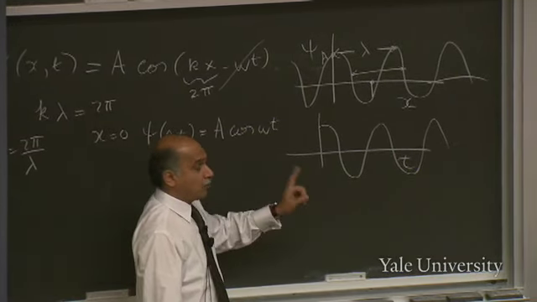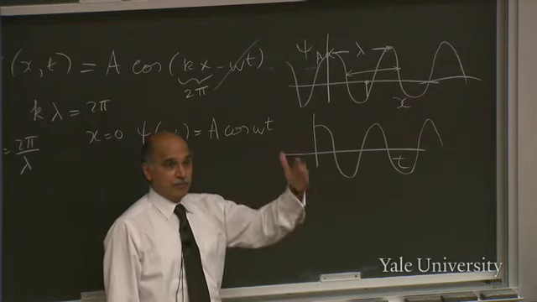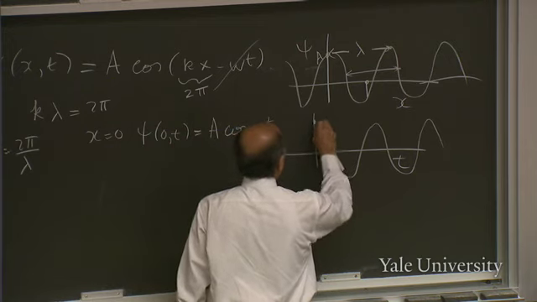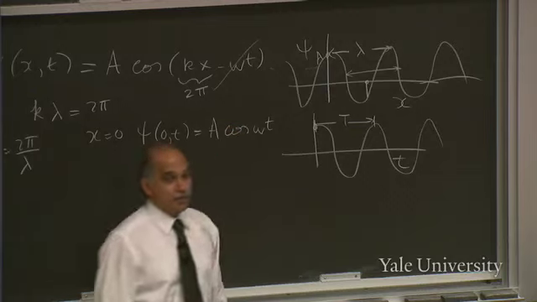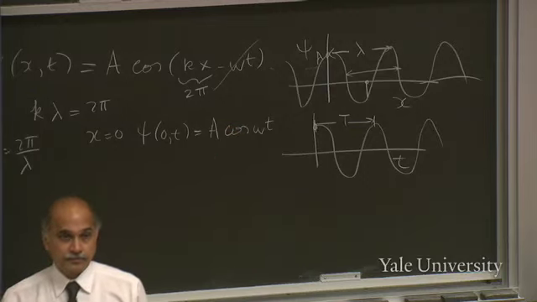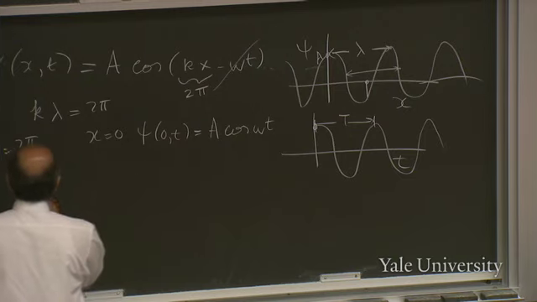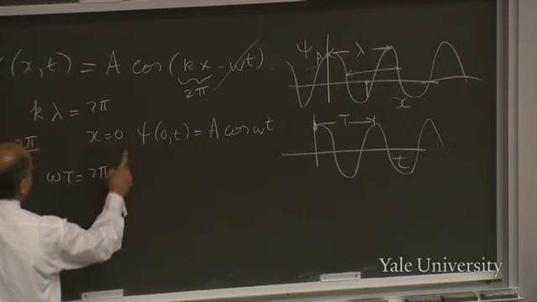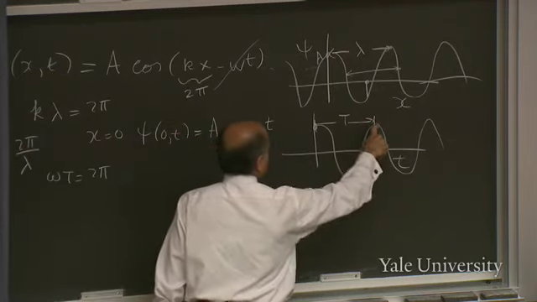This is a picture at one point where the water or the string goes up and down. So we like to call this, from one maximum to the next maximum, the time period. That's the time over which the wave repeats itself. Well, it follows then that omega times the time period is 2 pi, because when I put little t equal to time period, I've gone from this maximum to that maximum.